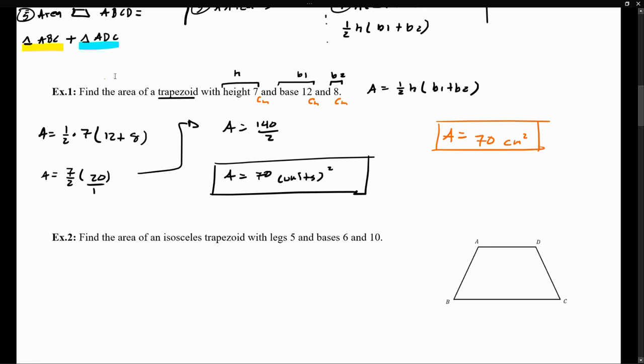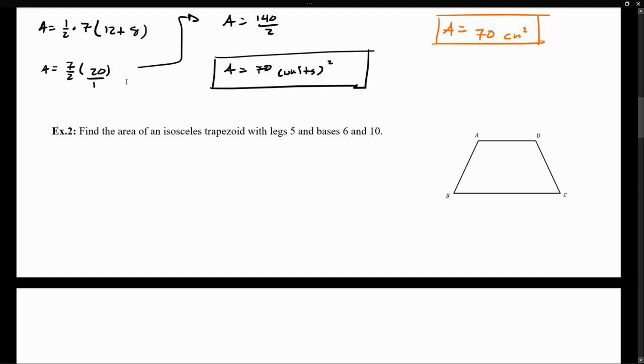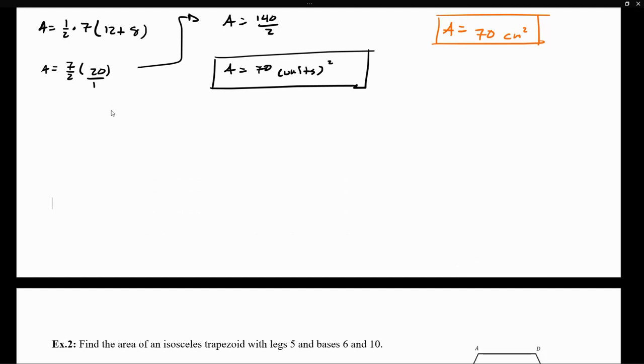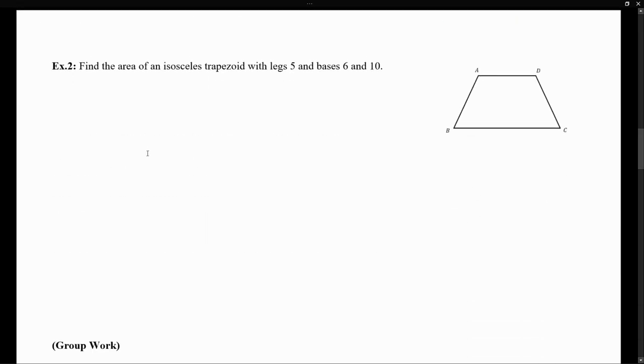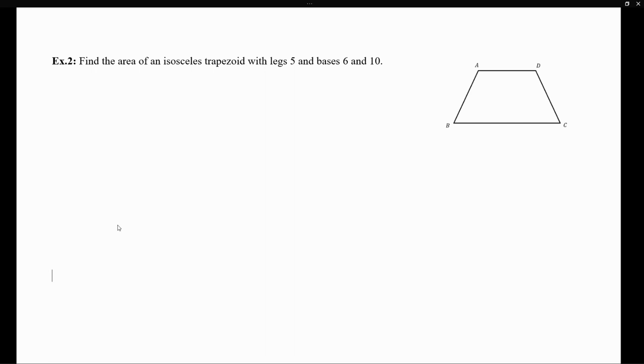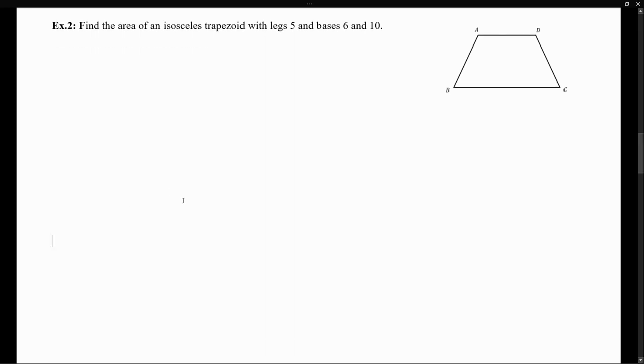So let's do one more example to find the area of a trapezoid. Let me bring this figure down here. Again, we want to find the area of an isosceles trapezoid. So it's not just a regular trapezoid. What we know is that it has legs of a measurement of 5.